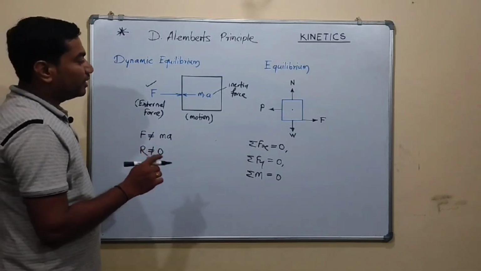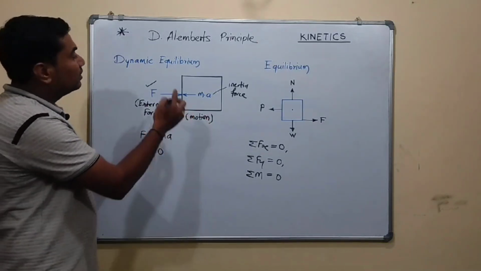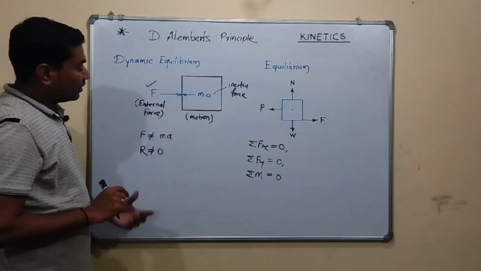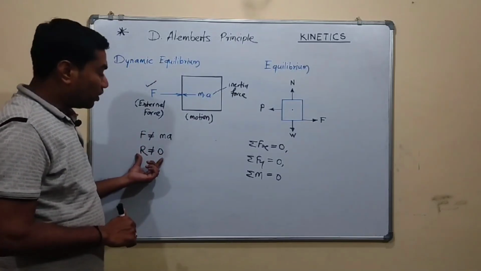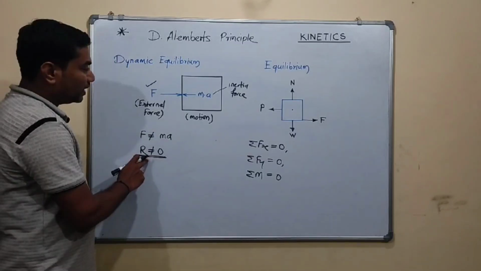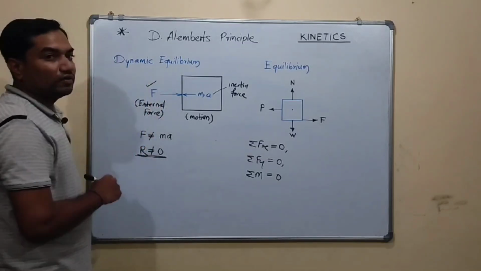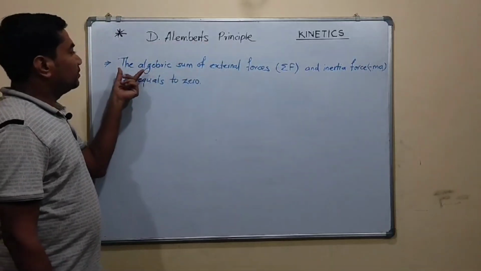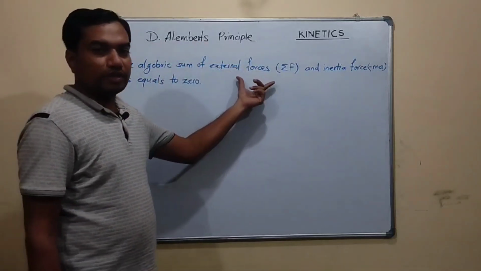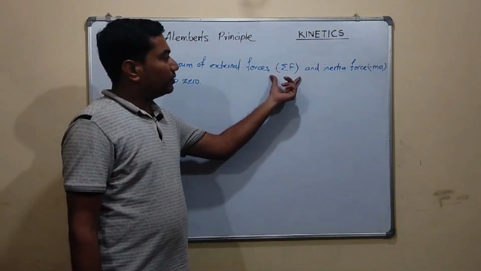Hence we can say that the body is in dynamic equilibrium. D'Alembert's principle says that the algebraic sum of external forces, summation F, must be equal to the inertia force.